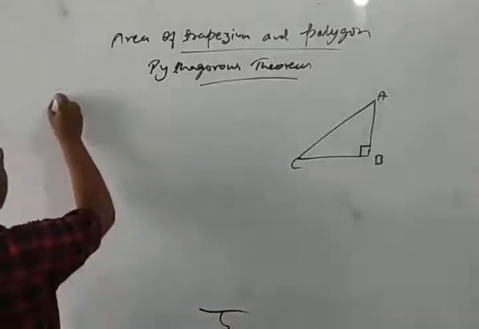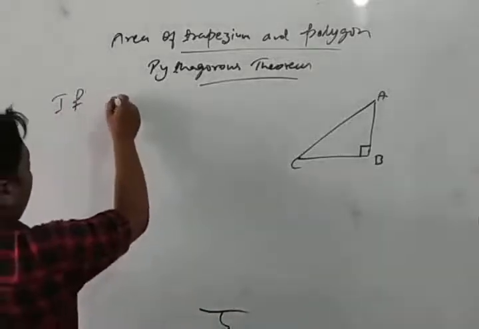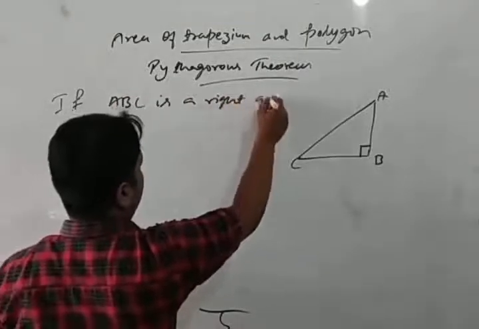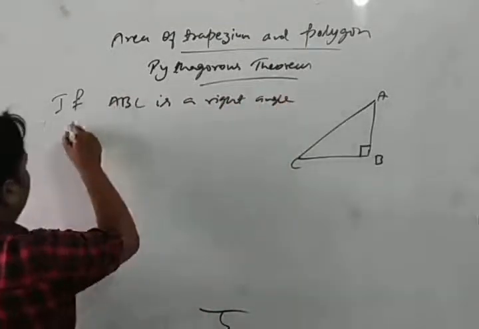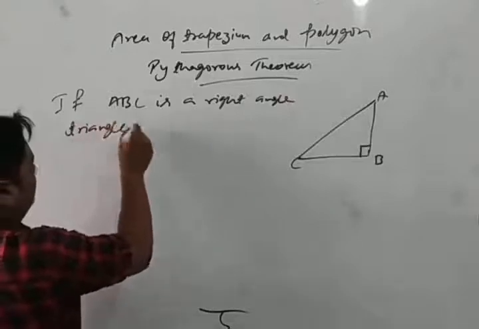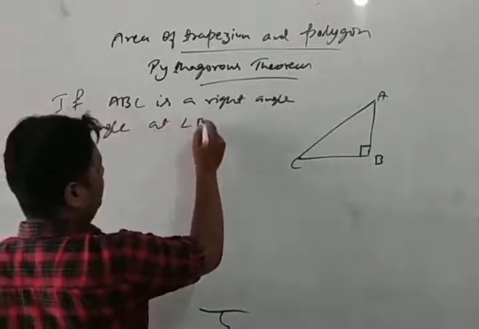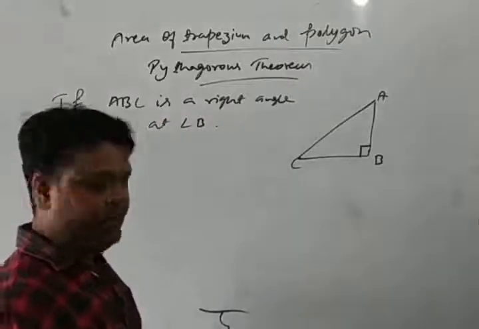ABC is a right angle triangle, with a right angle at angle B, which is 90 degrees.